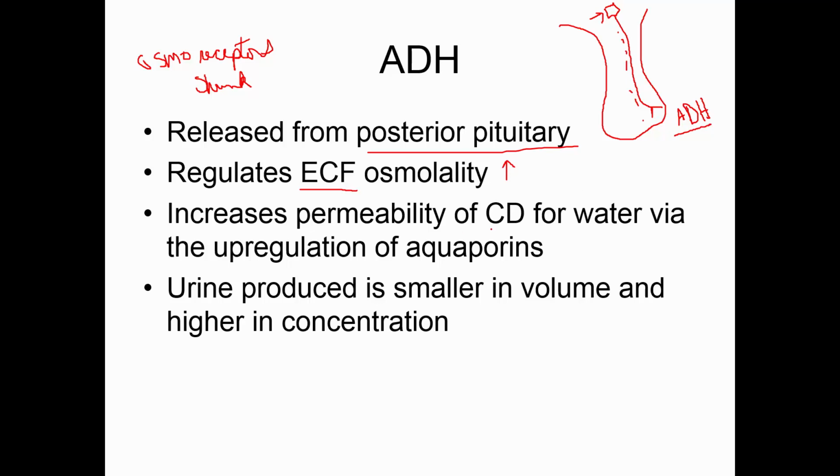ADH goes to the collecting duct and increases water permeability, and it does that through the upregulation of aquaporins. Then the collecting duct reabsorbs water, and less water goes out in the urine. So you produce less urine and save more water, and the urine that you produce is very high in concentration.